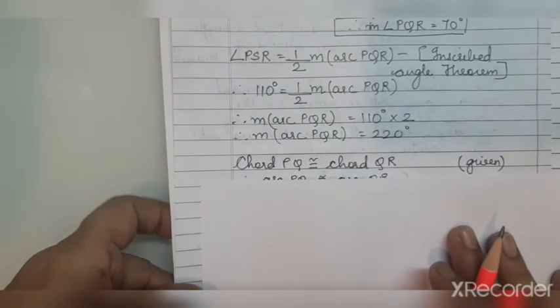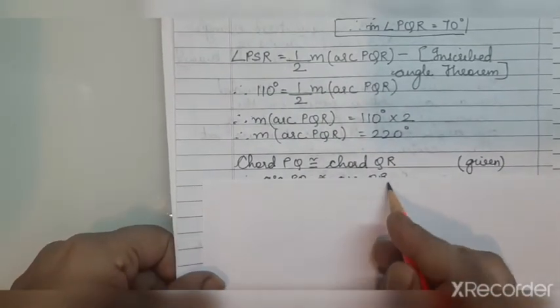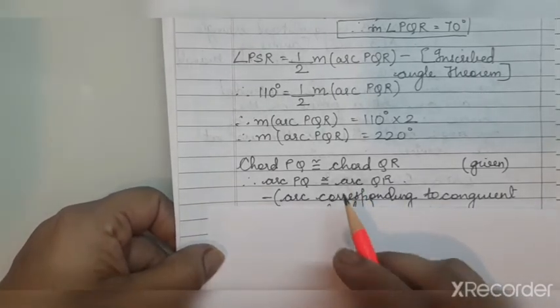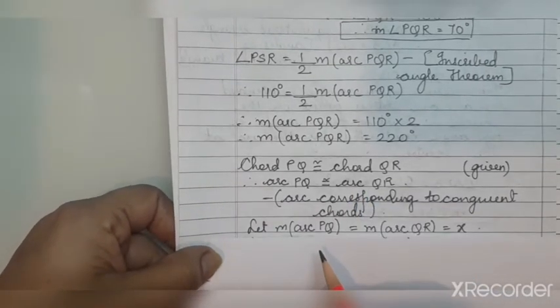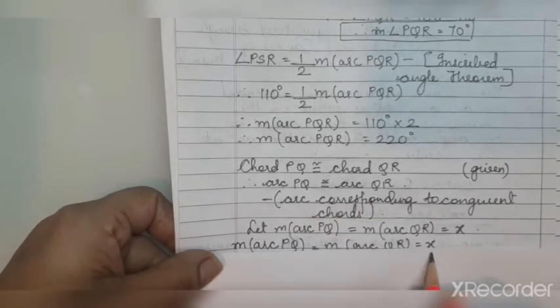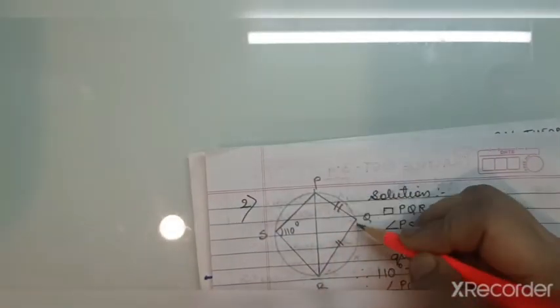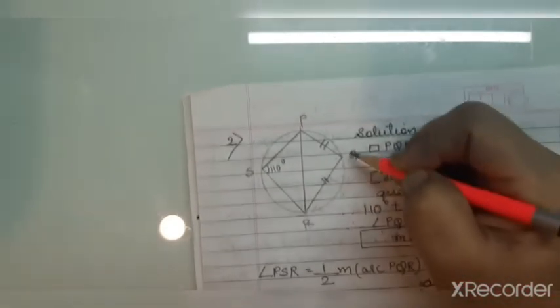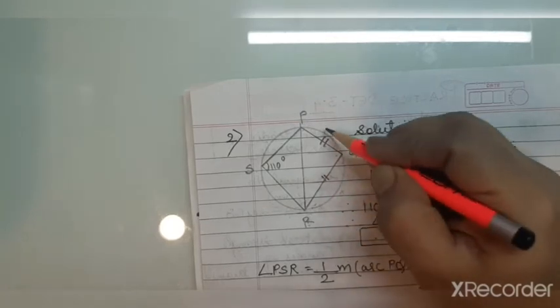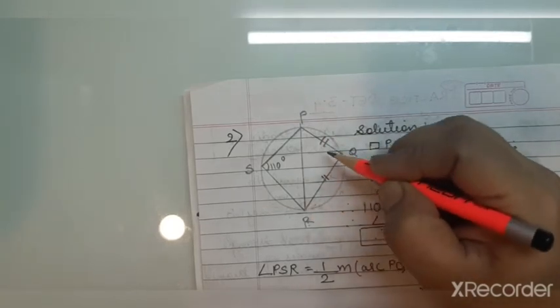So same thing is done. You'll see that chord PQ is congruent to QR. Therefore, the arcs are congruent. The reason is arcs corresponding to congruent chords are congruent. So let us consider that arcs PQ and QR are X. If we consider this arc PQ as X and QR as X, this full arc we just found is 220. So X plus X is equal to 220.